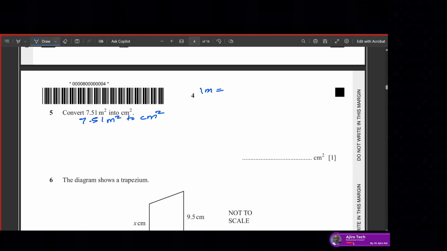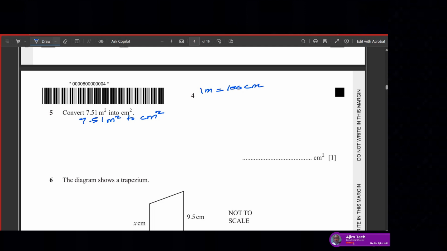So what's 1 meter to centimeters? 1 meter to centimeters is what? It is 100 centimeters. Okay. Can you see my screen now? Can you see what I wrote on the screen? Yes.